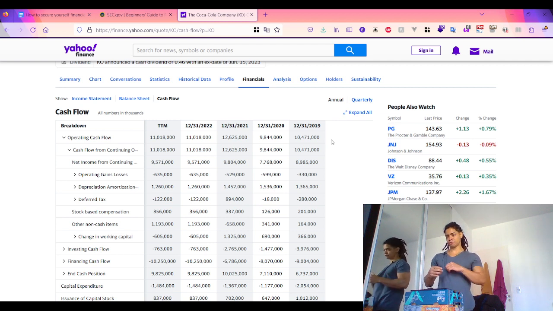Okay, so with that, I also look at other common operating liabilities like short-term borrowing.